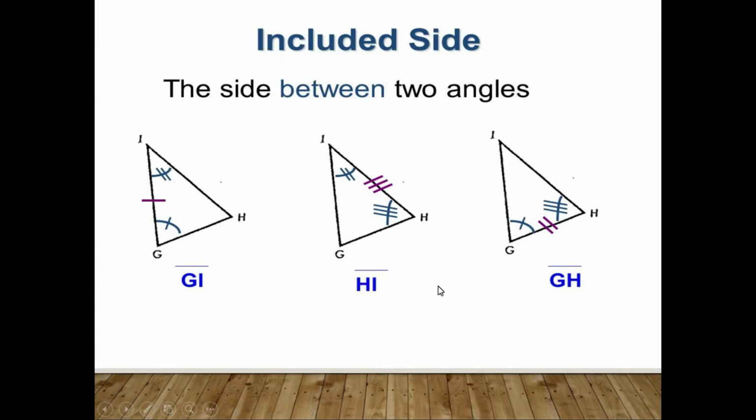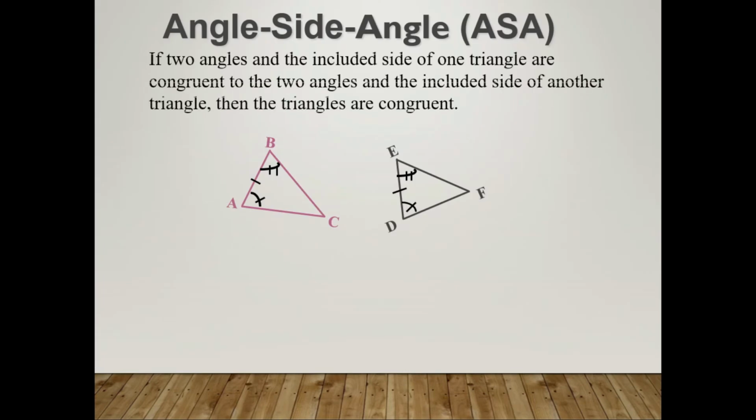So let us proceed with the last congruence postulate on triangle, which is the angle side angle or ASA postulate. This postulate states that if two angles and the included side of one triangle are congruent to the two angles and the included side of another triangle, then the triangles are congruent.